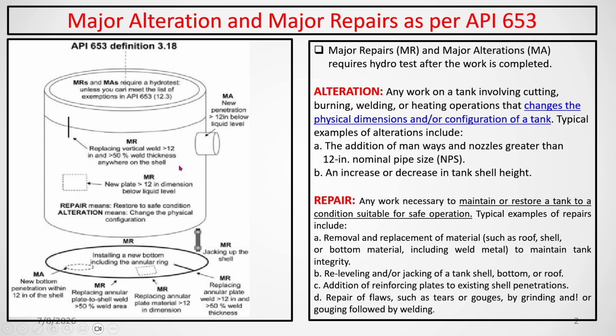With more than 12 inch vertical welding repair, or more than 50% welding thickness reduction, you have to go for major repair. If you want to provide a patch or new plate, then also you have to go for major repair. If you provide new nozzles with more than 12 inch diameter penetration, then that is called major alteration. Like this you have to go.